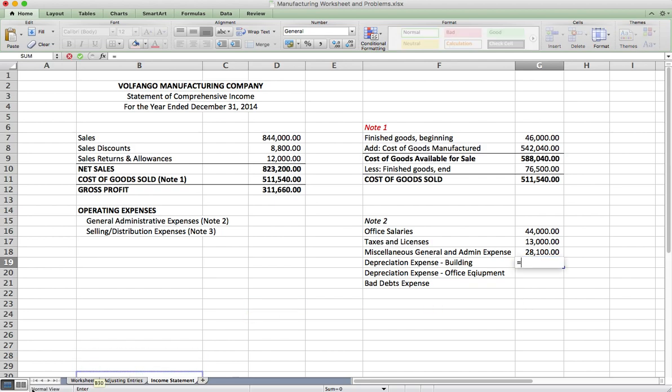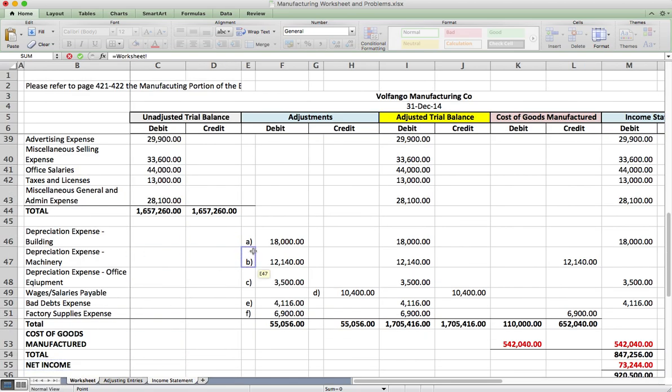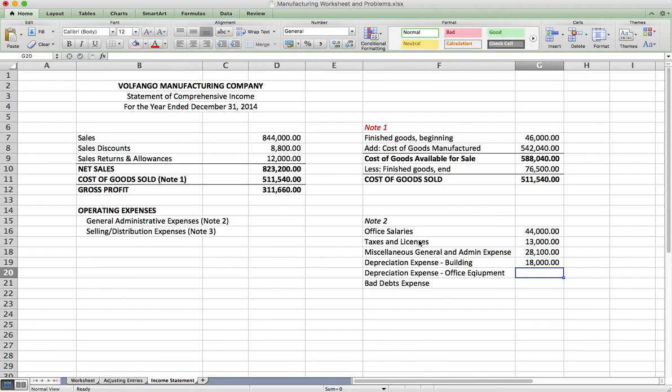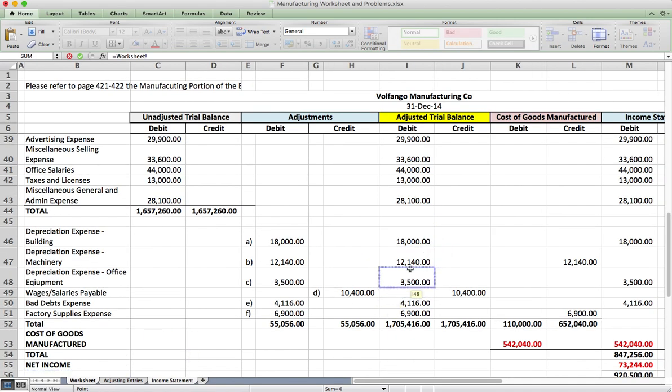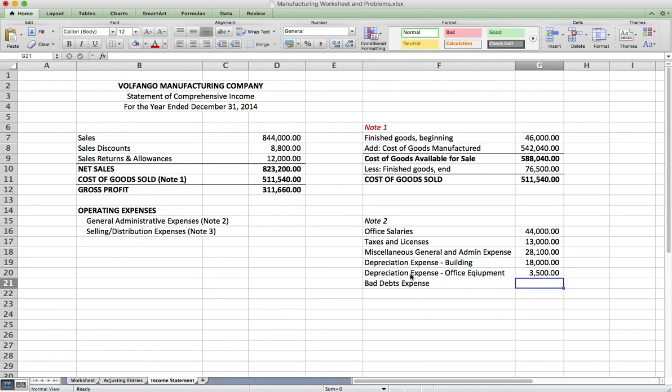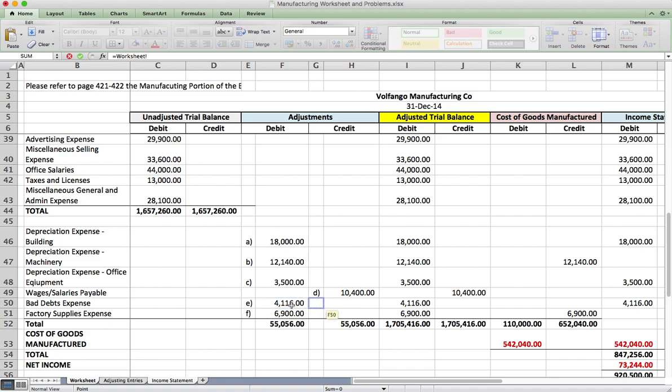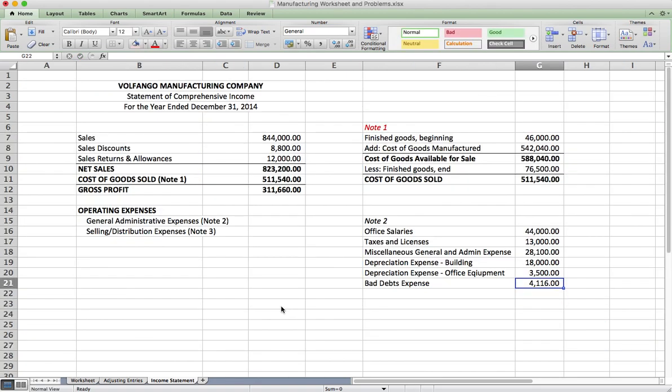How much is this? Depreciation expense building. Okay. And then 354. Depreciation expense office equipment. Bad debts expense. Ayan. Okay. What else?